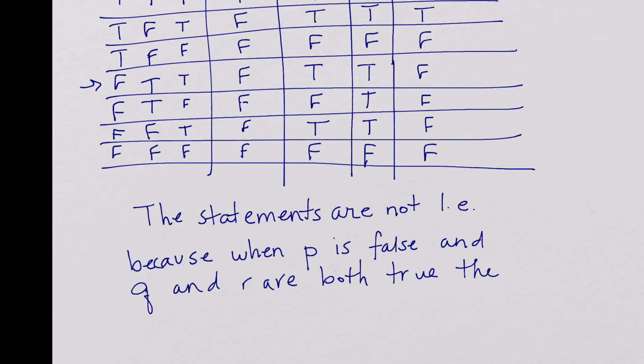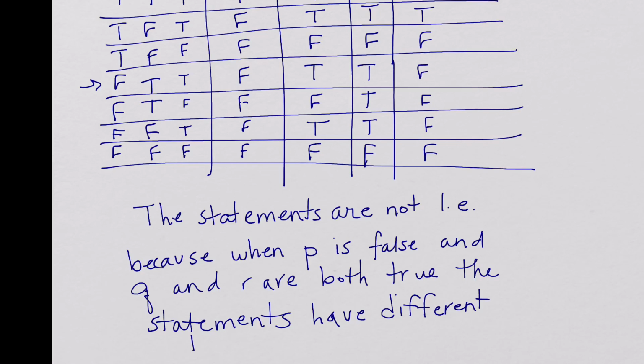These statements have different truth values. And that's the end of that. I'm a slow writer. Different truth values.